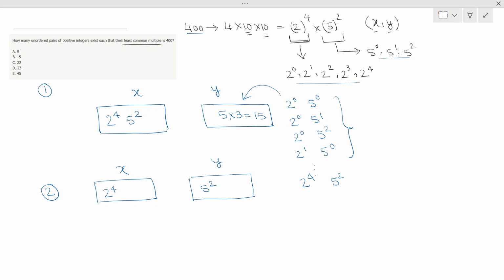So for example, x can have a power of 5 raised to the power of 0. It can have a power of 5 raised to the power of 1, but it cannot really have a power of 5 raised to the power of 2, because we have already considered that 2 raised to the power of 4 and 5 square are a part of x in case 1.